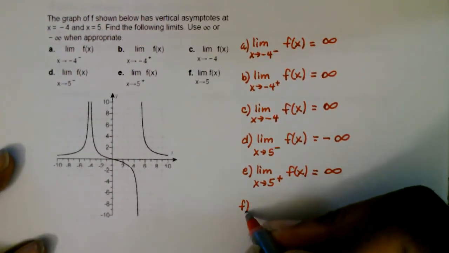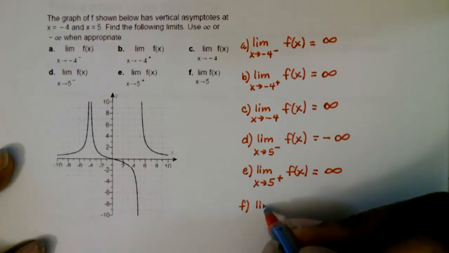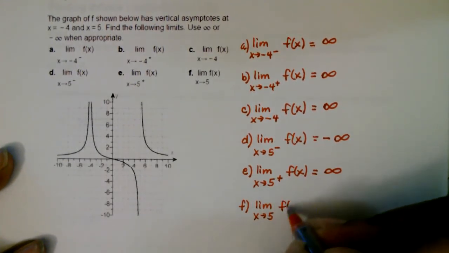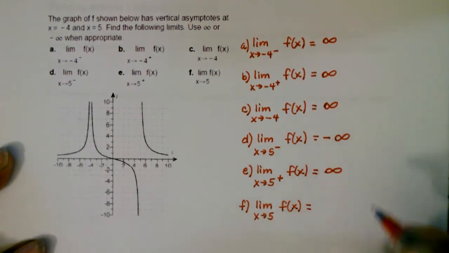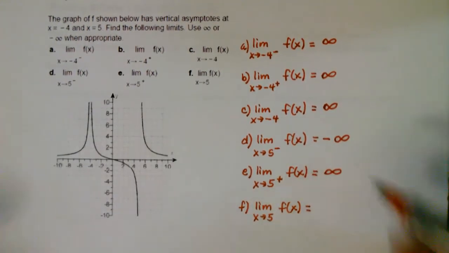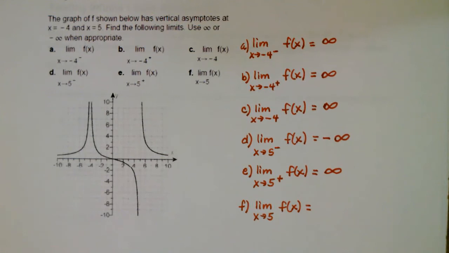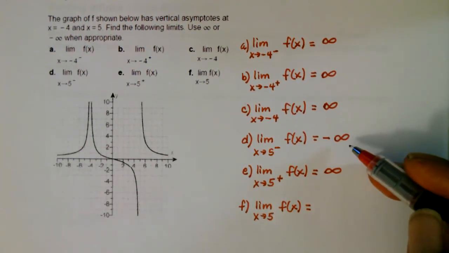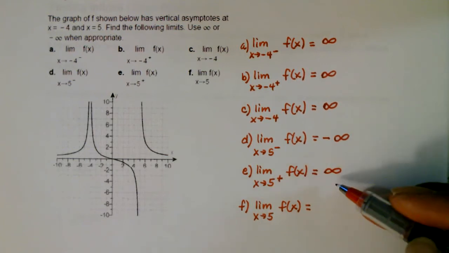And then part F is the limit as x approaches 5 of f of x. All right, notice here, from the left of 5, the limit of the function approaches negative infinity, but to the right of 5, the limit of the function approaches positive infinity.